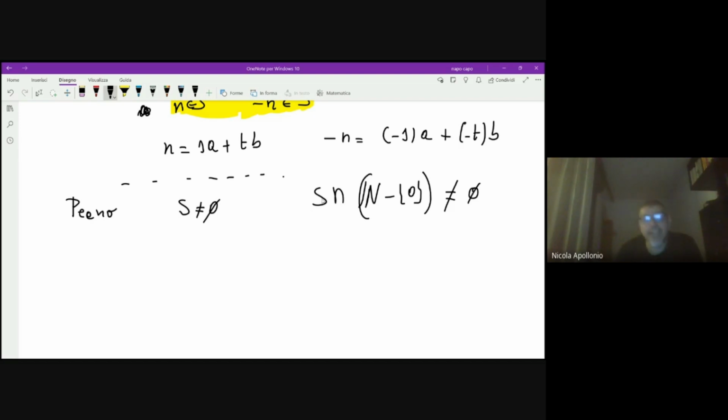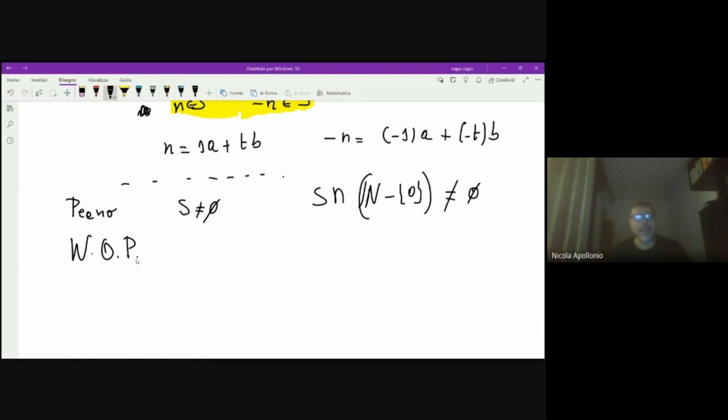Since it is a non-empty subset of the set of natural numbers, we can apply the WOP, the well-ordering principle. The well-ordering principle says that each non-empty subset of the set of natural numbers has a smallest element.